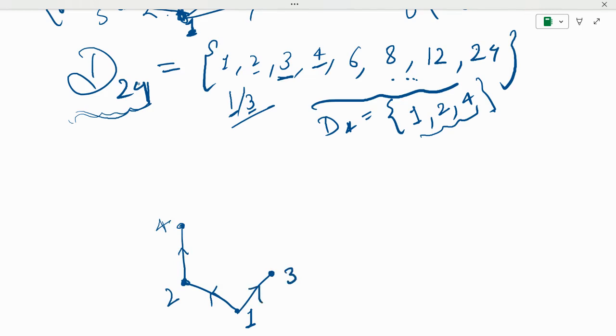Okay, now we have 6. Now you have to calculate D6. See, there we were having the division operator, here we have D6. So for 6 it is 1, 2, 3, and 6.